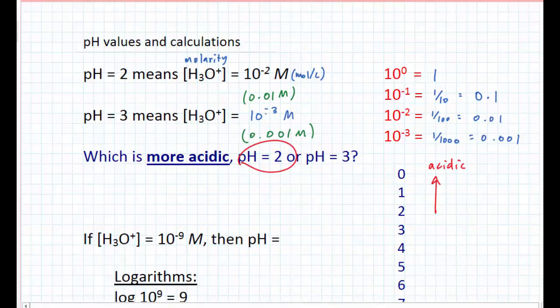pH 2 is 0.01 molar, is more concentrated. It's 10 times more than 0.001 molar. That's pH of 2. That's pH of 3.